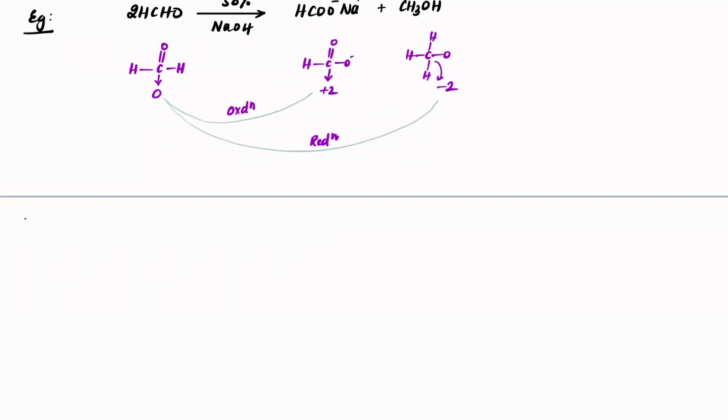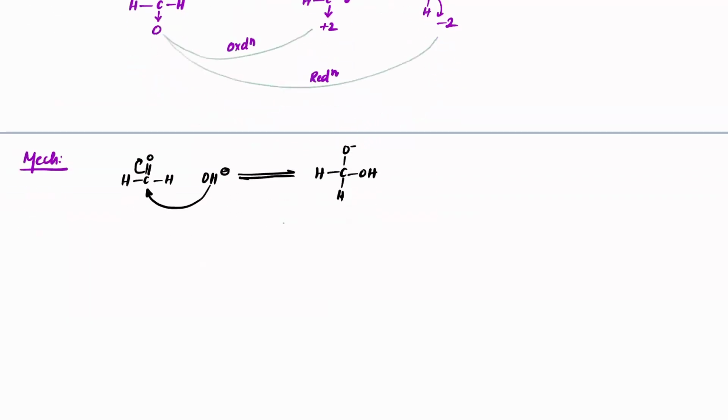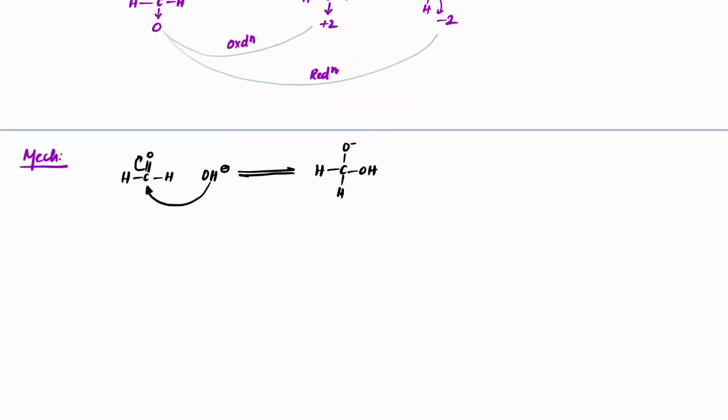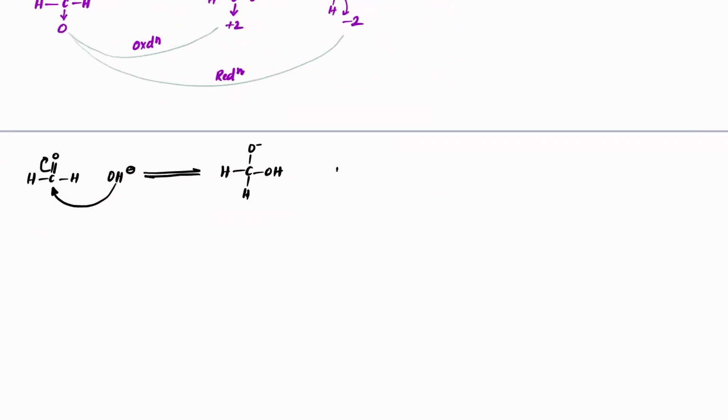See how the mechanism proceeds here. So first I have HC double bond O treated with OH minus. OH minus, being a strong nucleophile, will attack here and convert this to O minus, H and OH. Now this is where things get more interesting.